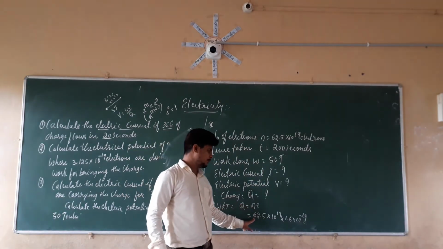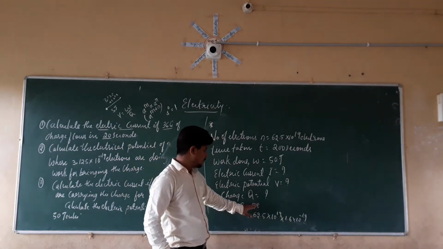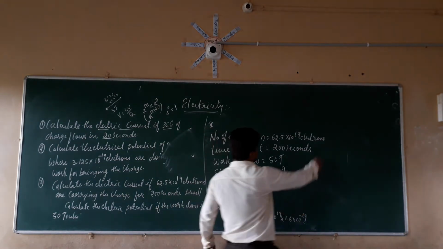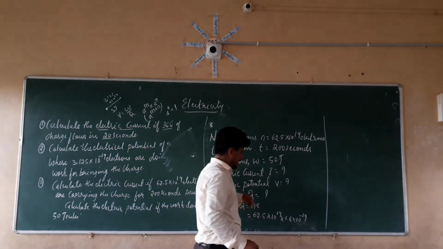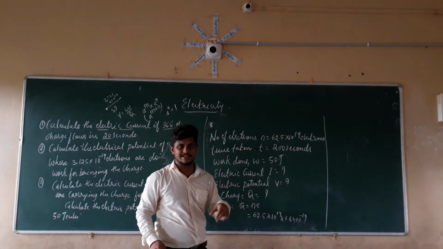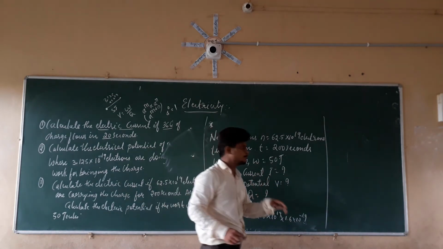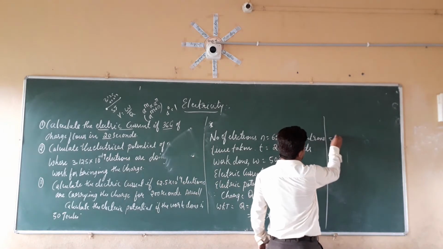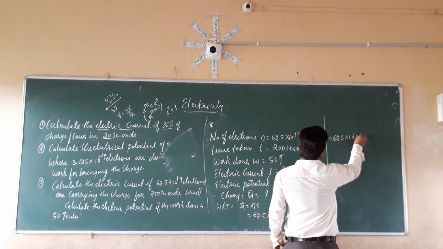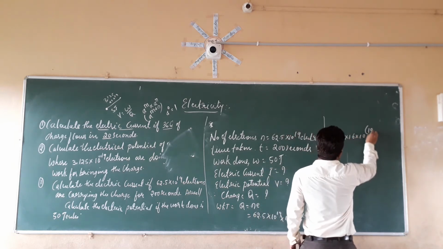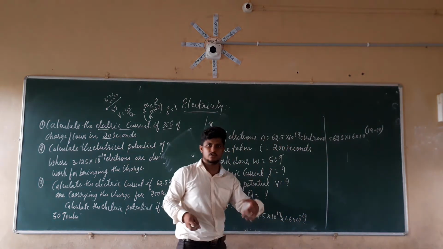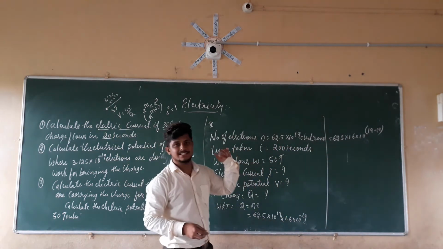I am going to use the formula A raised to M into A raised to N is equal to A raised to M plus N. So that equals 62.5 into 1.6 into 10 raised to 19 minus 19.